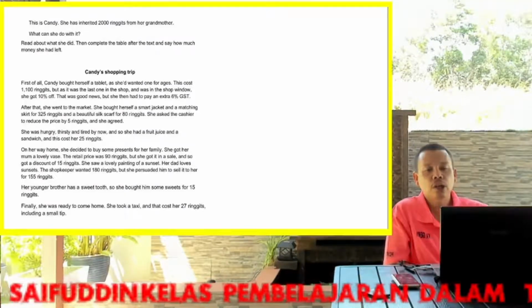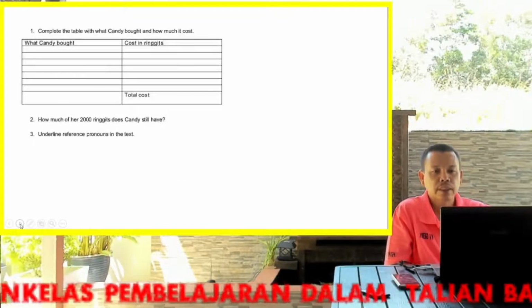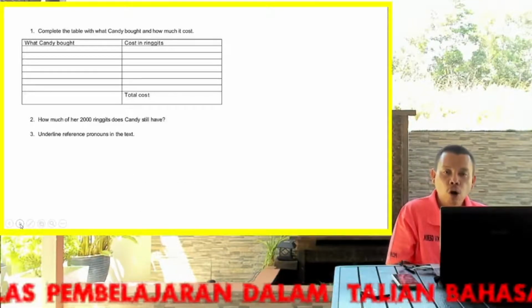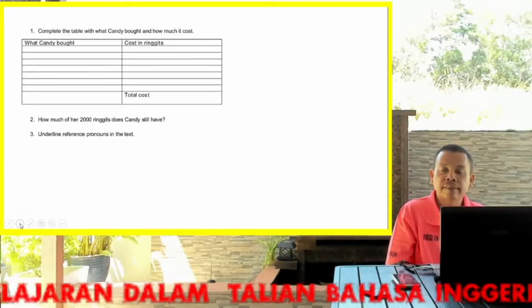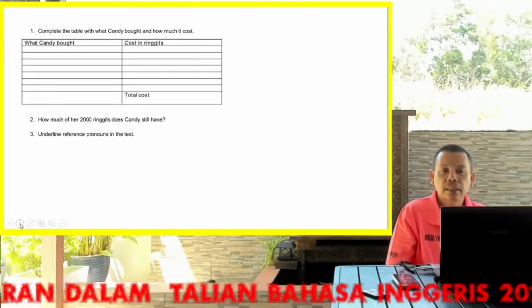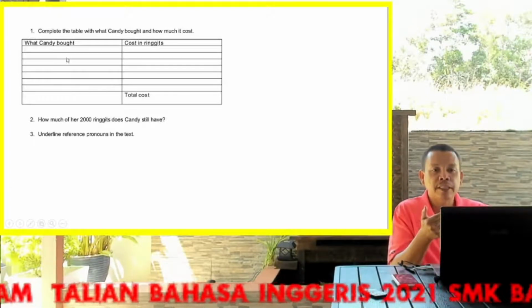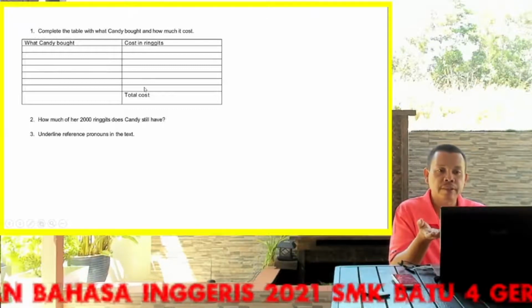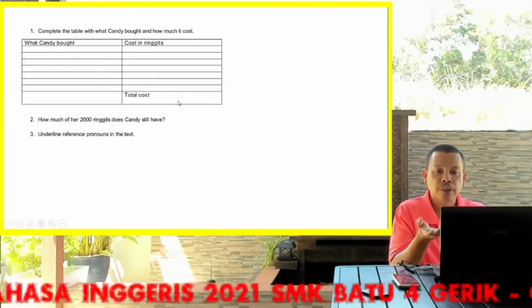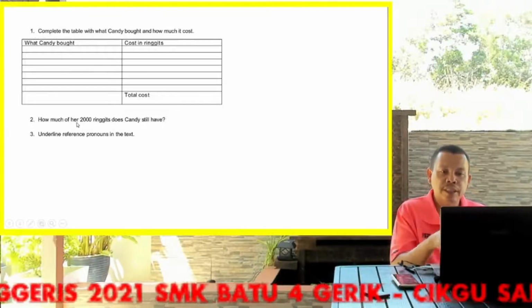So what you have to do is summarize all the money that Candy has spent in this table. What Candy bought and how much it costs in ringgit, and the total cost. For the second question, how much of her 2,000 ringgit does Candy still have?